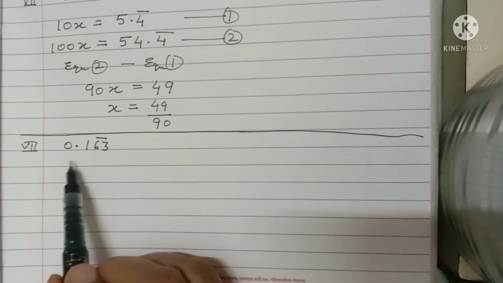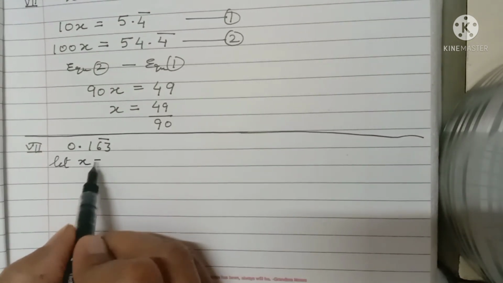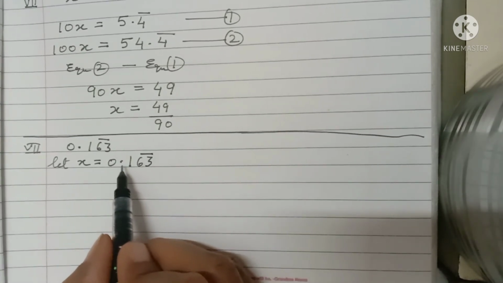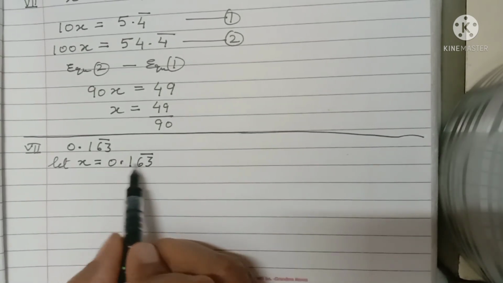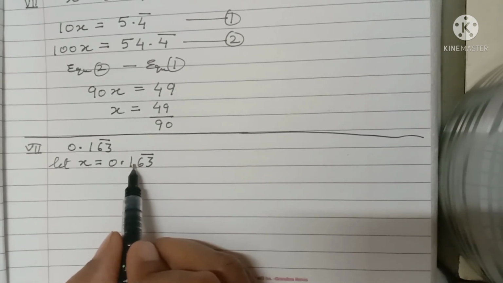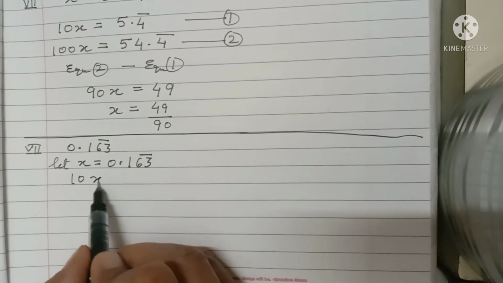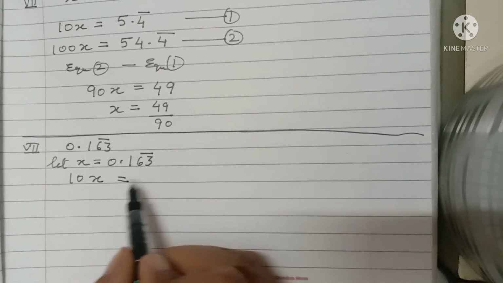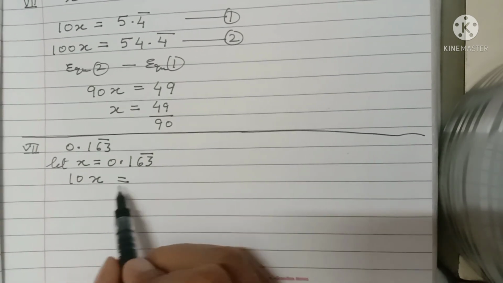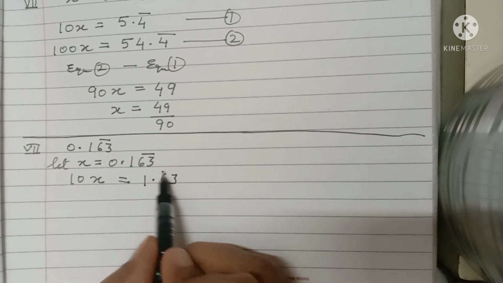Part 8, 0.163 bar. Let x is equal to 0.163 bar. So here we multiply by 10 to shift this decimal before the digits having the bar. When we multiply both sides by 10, 10x is equal to 1.63 bar.